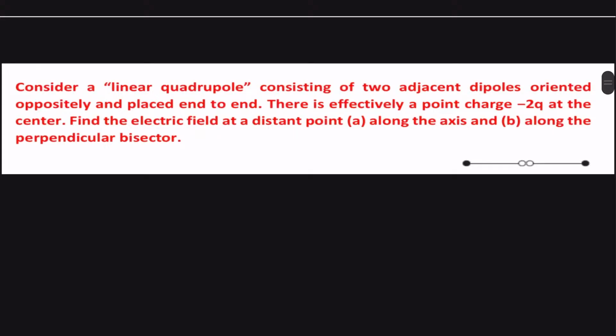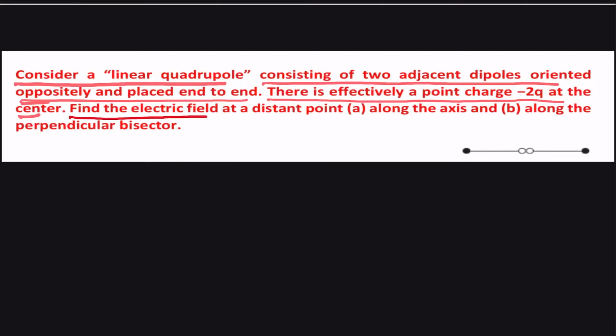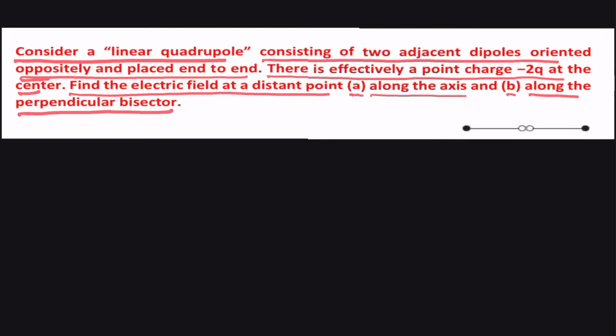In this case, we are given, consider a linear quadrupole consisting of two adjacent dipoles oriented oppositely and placed end to end. There is effectively a point charge minus 2q at the center. Find the electric field at a distant point, and based on these 2 points, first point is along the axis, second one is along the perpendicular bisector, and the basic figure is given to us.